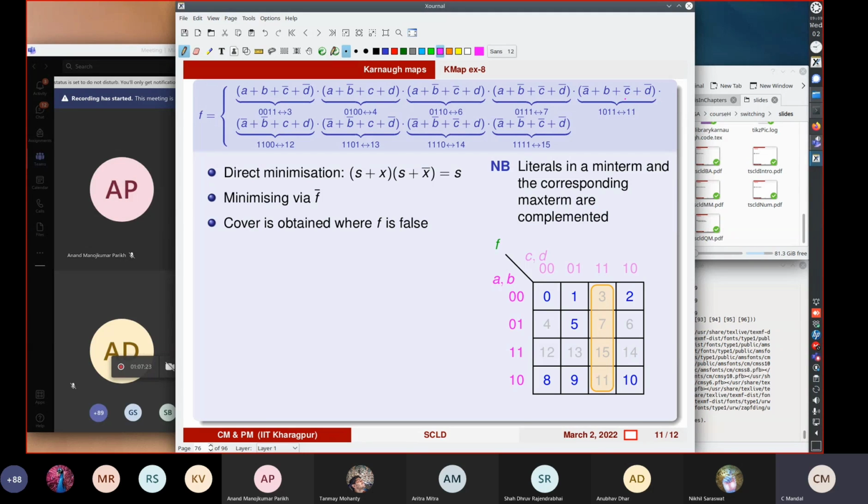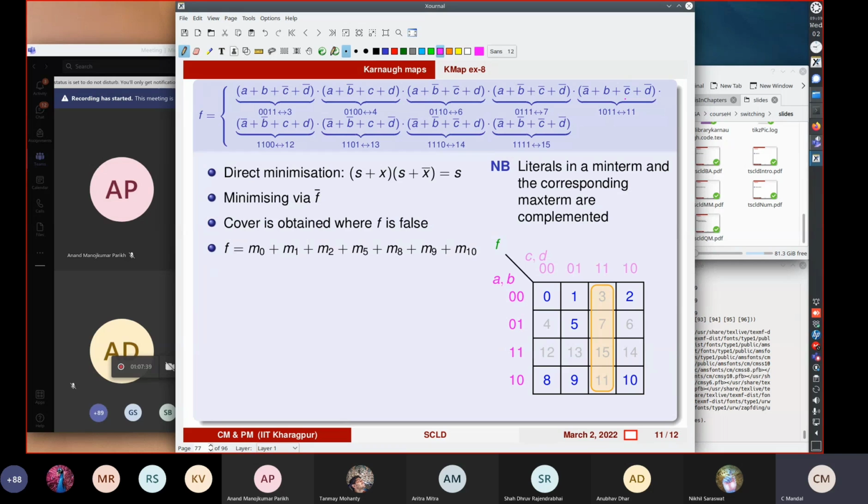Suppose I have here F, rather I should have called it G, I think.